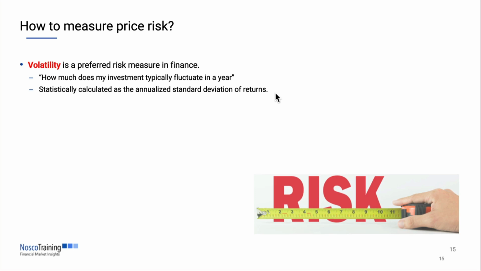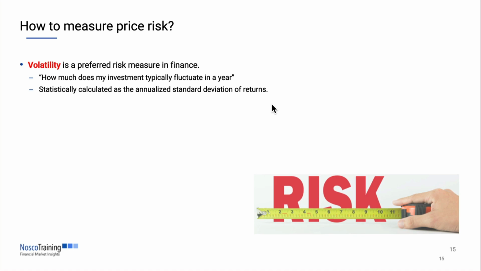So typically, how much do the spot prices move within a day or within a year? Now, volatility is actually scaled to a year. When somebody tells you the volatility is 20%, it means that the stock typically fluctuates by 20% within a year. So it's the annual price uncertainty.